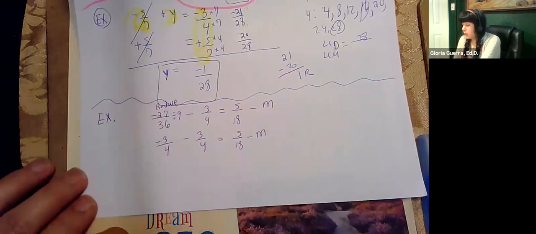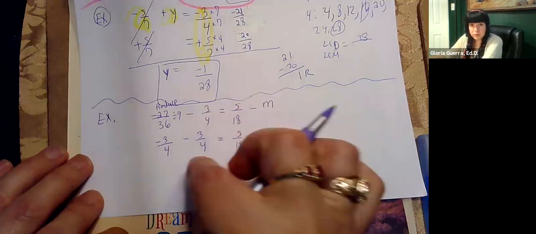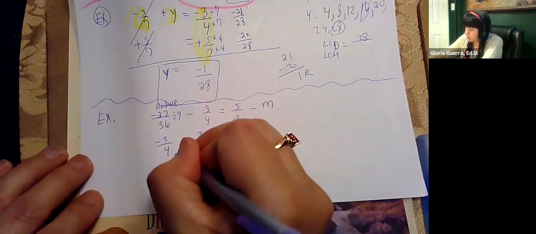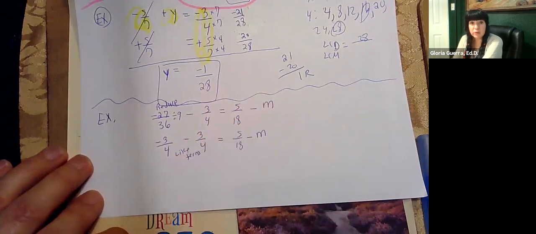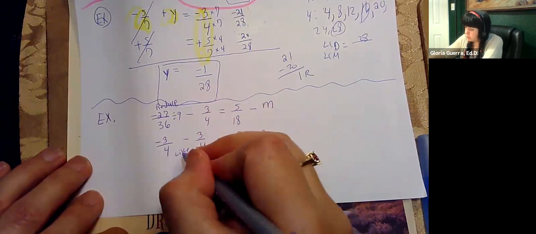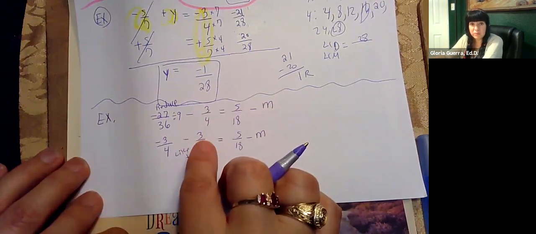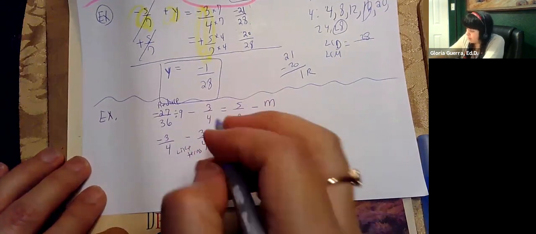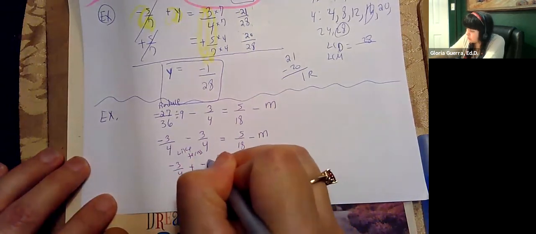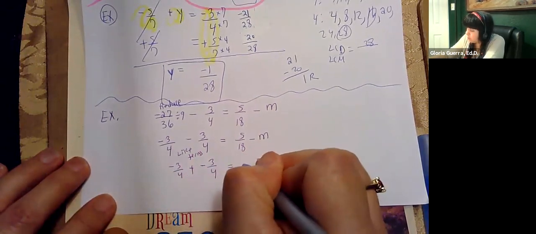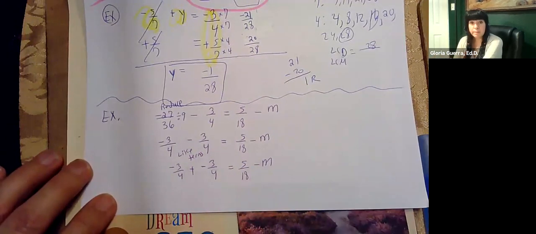Okay. And then these are like terms. So I can combine those like terms, and plus negative would be the best way to work that out. -3/4 plus a -3/4 equals 5/18 minus m.